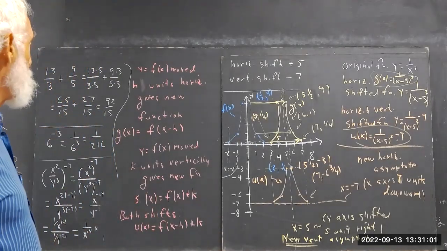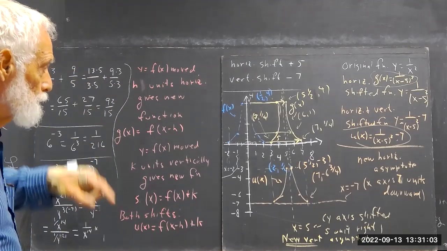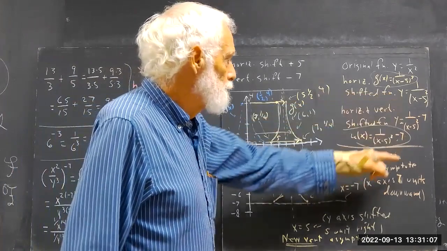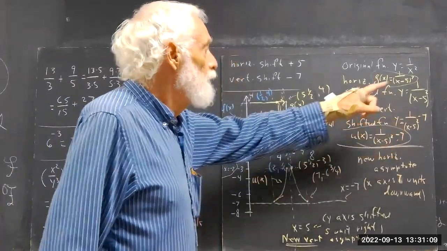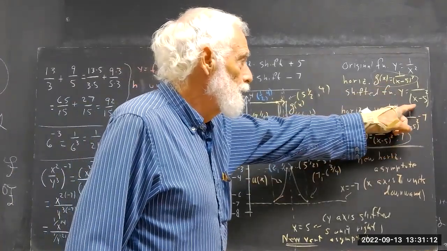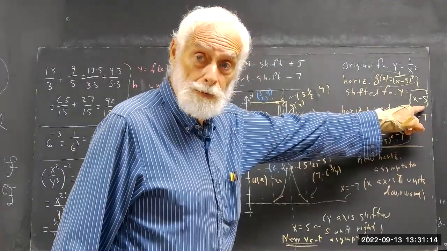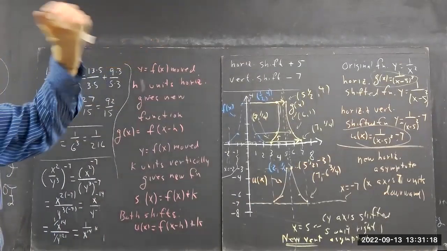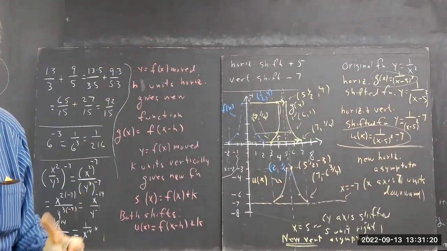What I've said is your general rule for shifting a function horizontally or vertically. Shifting it horizontally, you replace x by x minus whatever your shift is. Function notation gives us a beautiful and concise way of saying this.